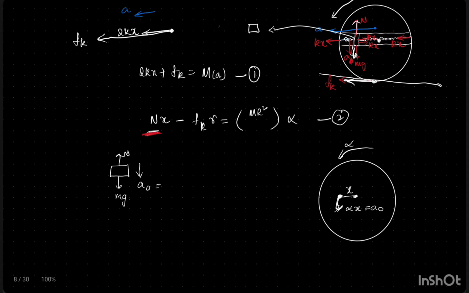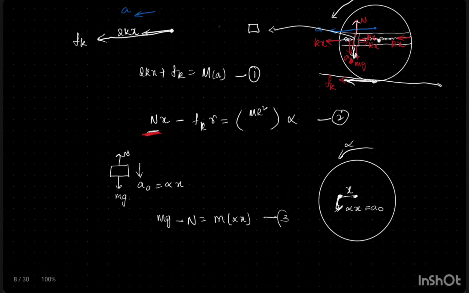So a naught is nothing but alpha into x. If we write the equation for this: mg minus normal force equals small m into a naught, which is alpha into x.